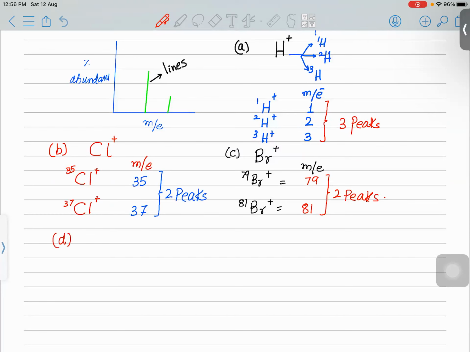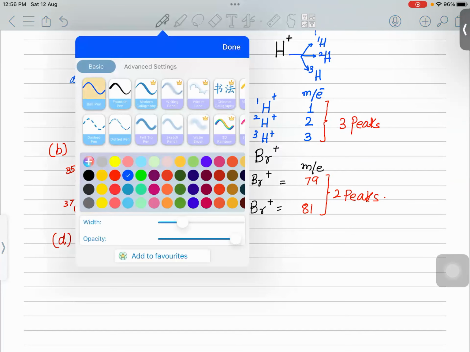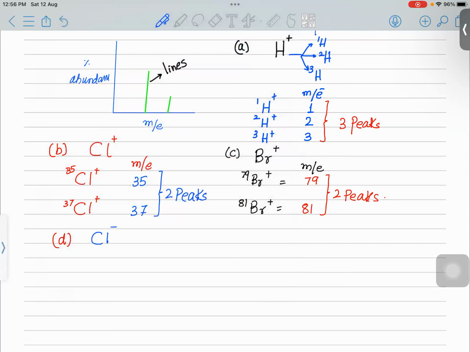Now question number D. Cl minus. Can anyone tell me how many peaks? Won't there be two peaks as well?